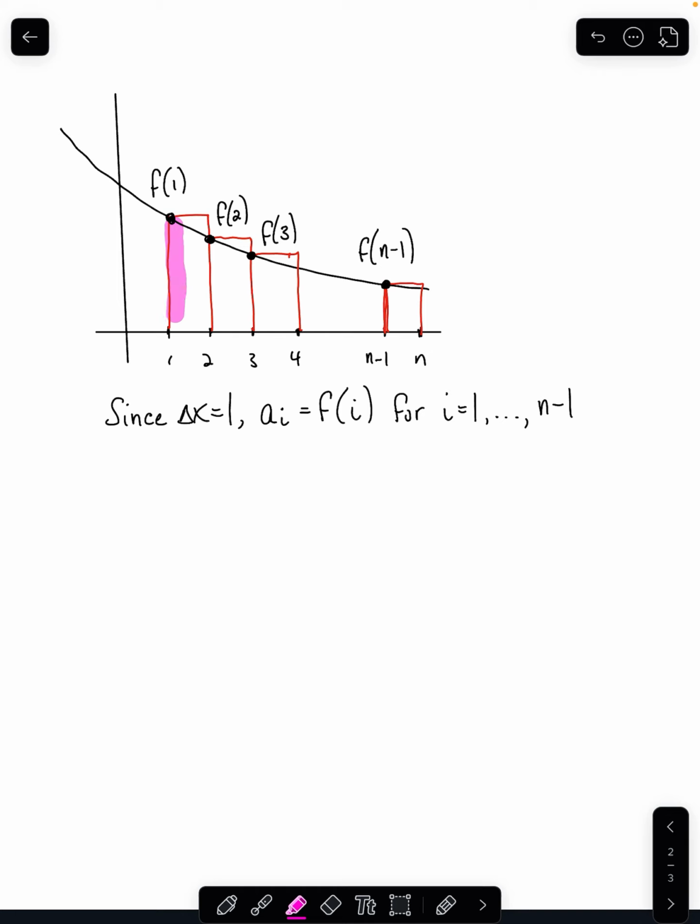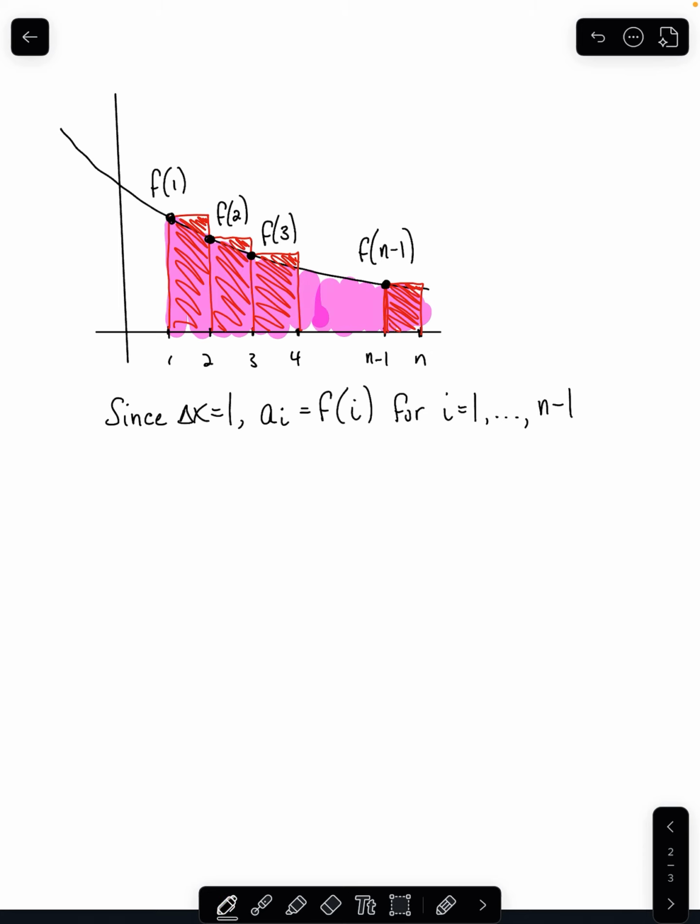Now the actual area under the curve is this region in pink. However, because the rectangles are based off of the left endpoint of each subinterval, each rectangle is including a bit of extra area above the curve. So each rectangle actually is overestimating the area of the region.